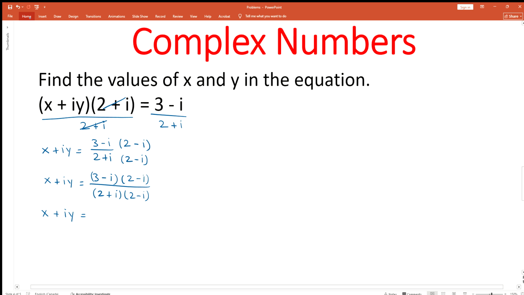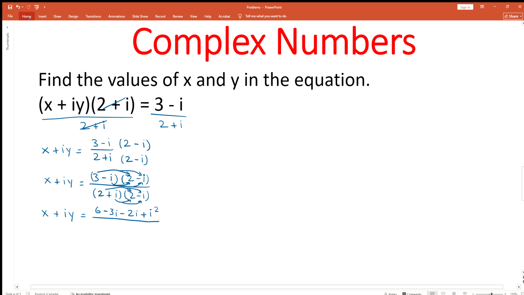We should use the FOIL method. In the numerator, 3 times 2 is 6. 3 times negative i is negative 3i. Negative i times 2 is negative 2i. Negative i times negative i is equal to positive i squared.